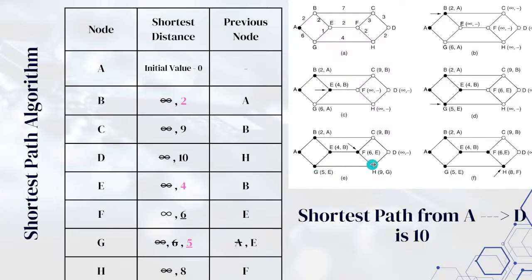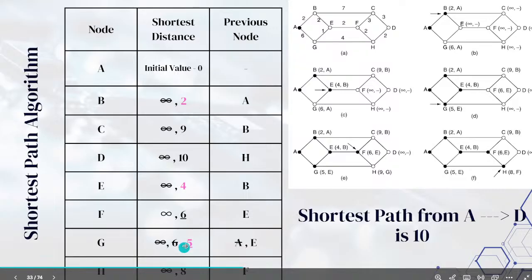But G to H: the value of G is 5, and reaching H the distance is 4. So 5 plus 4, that is 9.